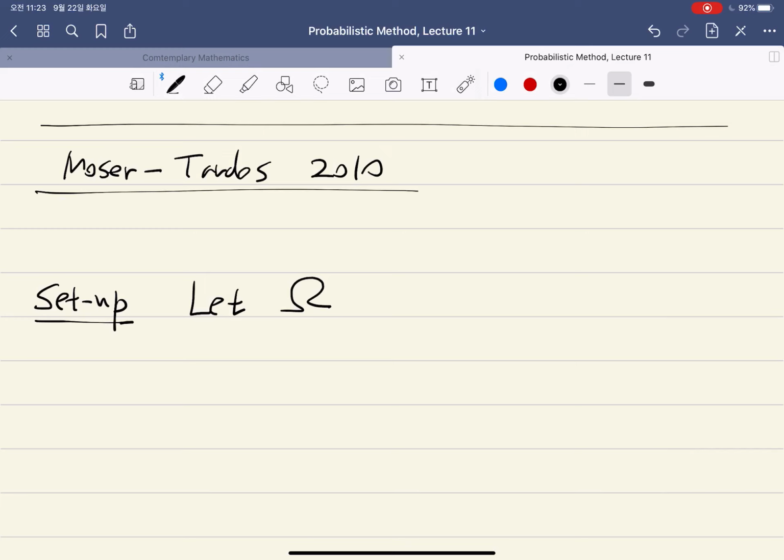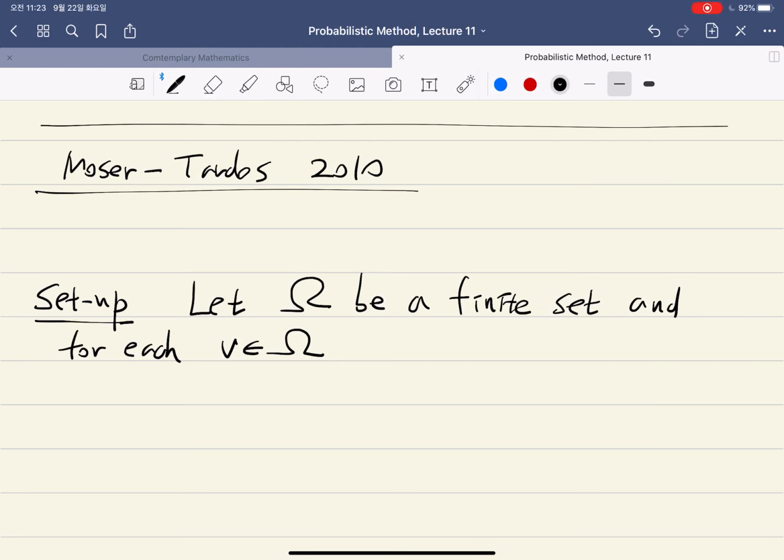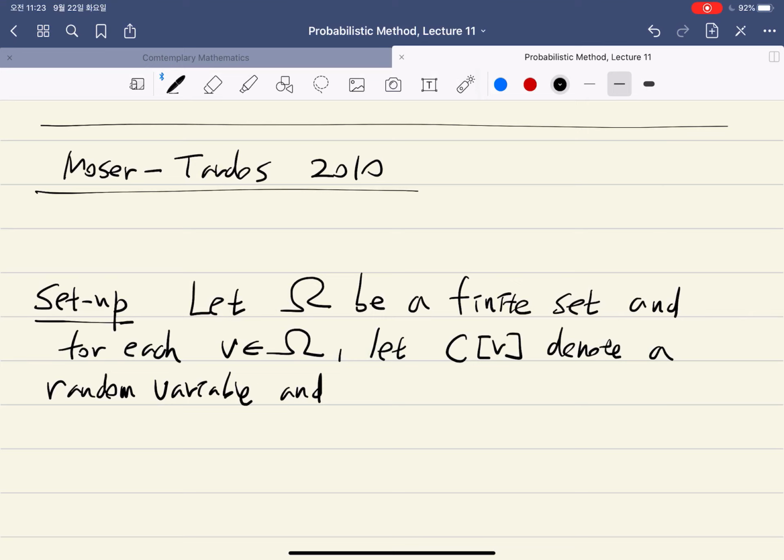This can be applied to many applications of the local lemma, and those follow this setup. So let's say there is a finite set Omega, and for each element B there, we let C of B denote a random variable, and they are mutually independent.